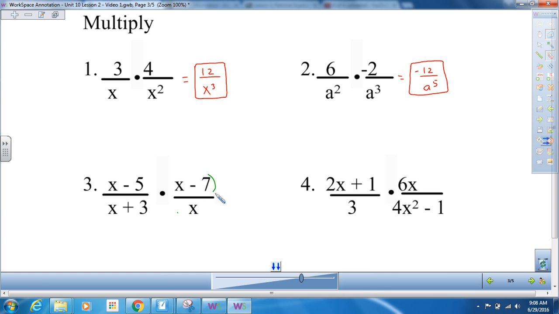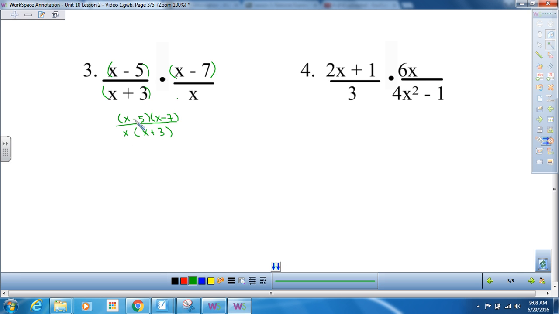So you can't cancel that x with any of the other x's. So we multiply across the top, and then multiply across the bottom. Remember, these all have parentheses around them. So when we multiply the denominator, we'll put the x, the single term, first, and then x plus 3.